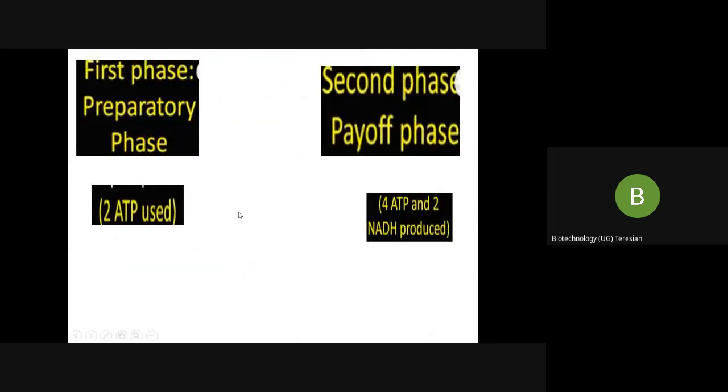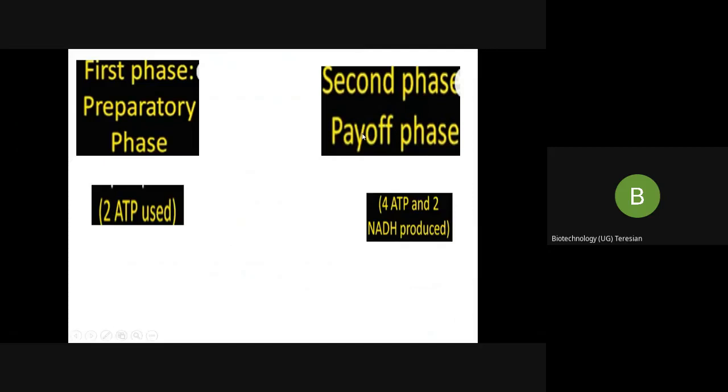So we can divide the entire flowchart of glycolysis into two phases. The first phase is the preparatory phase, and the second phase is the payoff phase. In the preparatory phase, two ATPs are used up, okay, they are utilized during the reaction.